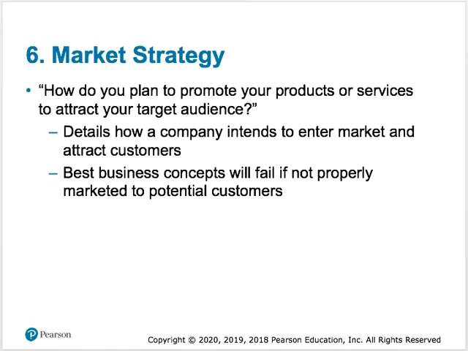Everything you do to promote your company's products and services to potential customers is known as marketing. And a market strategy is a plan you put together that details exactly how you intend to enter a new market and attract new customers.